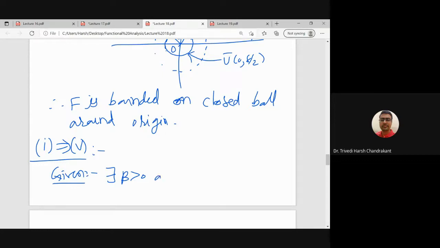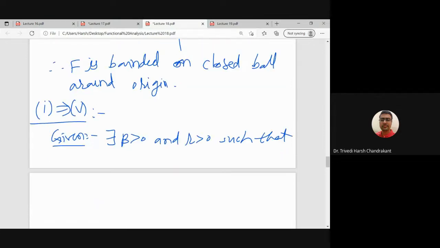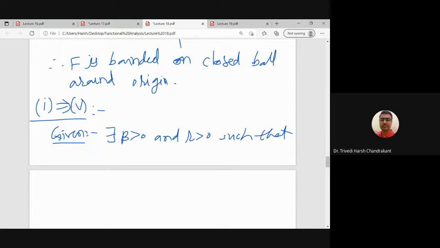So beta greater than 0 and r greater than 0, such that x we are taking in the closed ball. Let us take r as the radius of that ball. So whenever x is in the closed ball of radius r around origin, f(x) is bounded by beta.